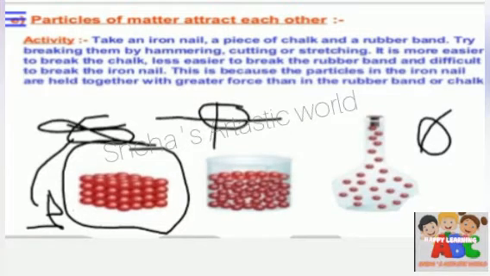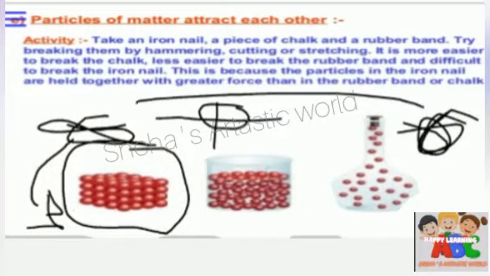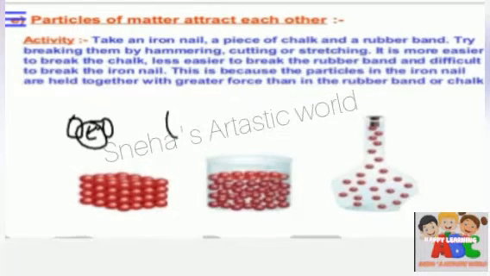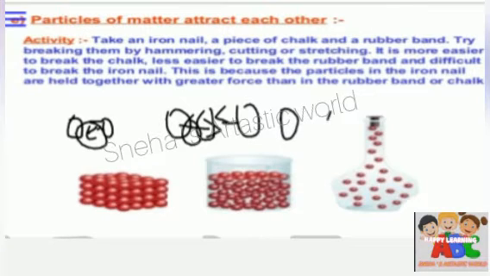Clear? And you can easily break the chalk piece. Chalk piece is not gaseous; it is also a solid. Attraction here means it is very easy: one particle is there, one particle is there. They are attracted to each other, which means these particles go here and these particles go here.